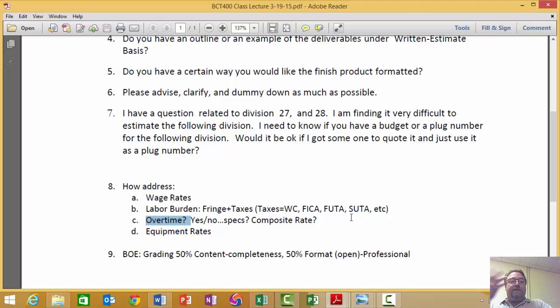We can go over how to do it later if you want. You can use a composite rate. It just depends. The specs may not let you do overtime. These are hospitals.